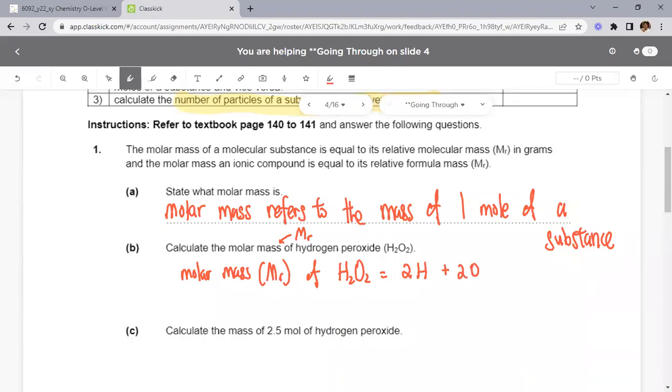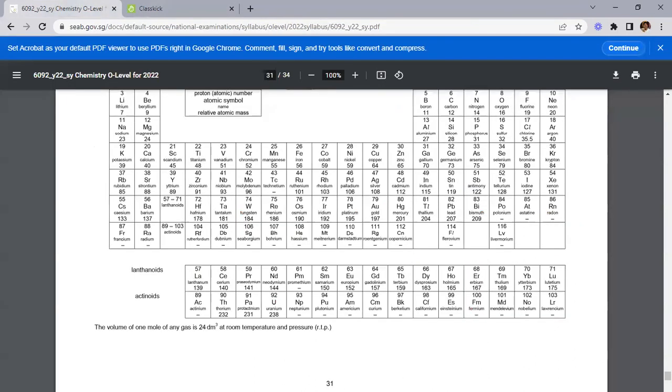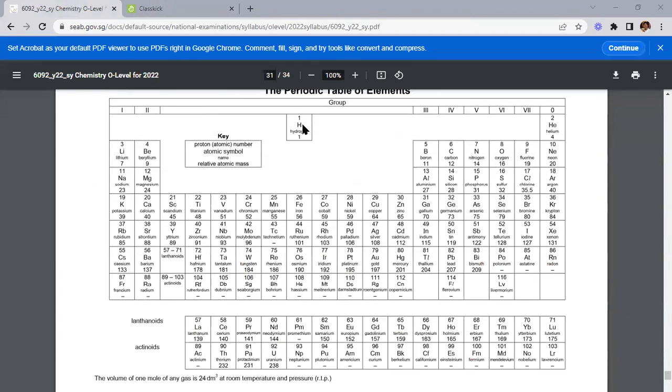Let's go to the periodic table and see what the relative atomic mass of hydrogen and of oxygen is. Hydrogen is over here, the relative atomic mass is 1. Oxygen is at group 6, the relative atomic mass is 16.